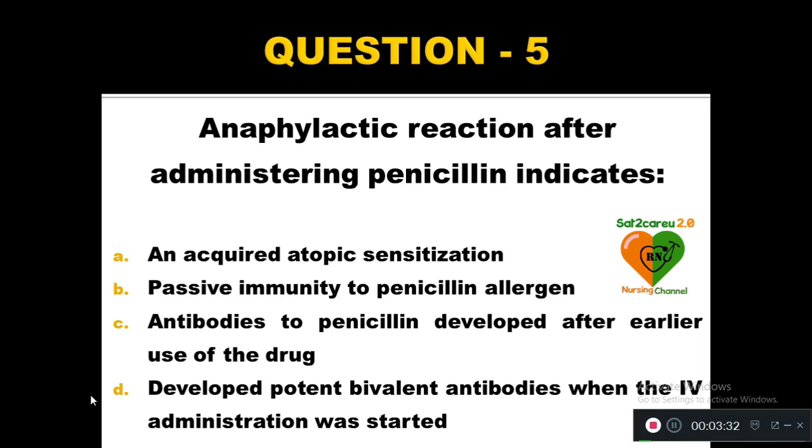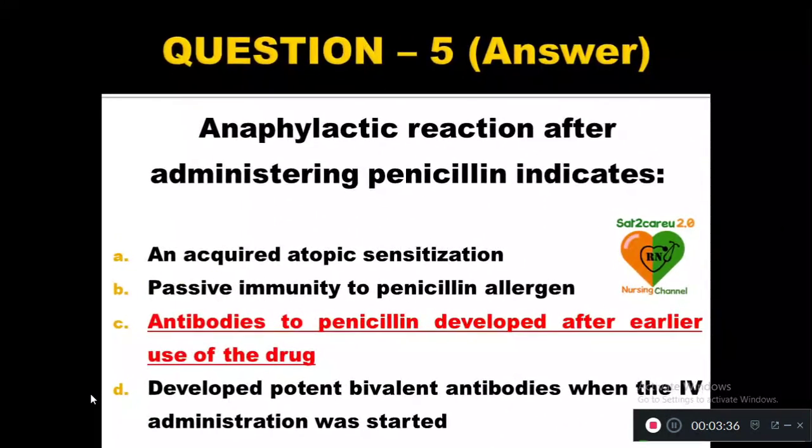The correct response for this question will be option C, antibodies to penicillin developed after the use of drug.